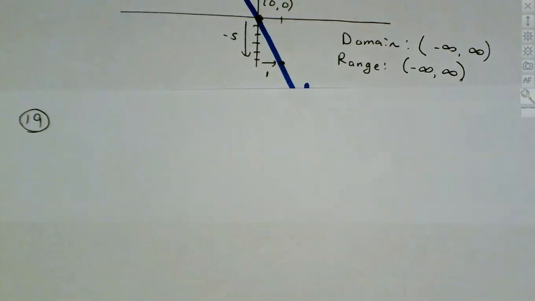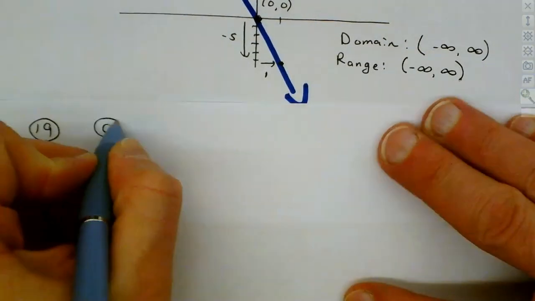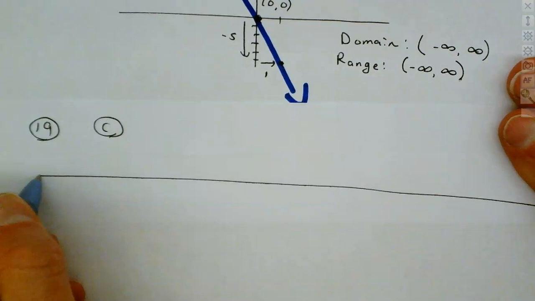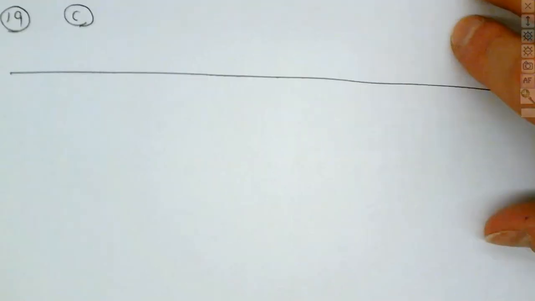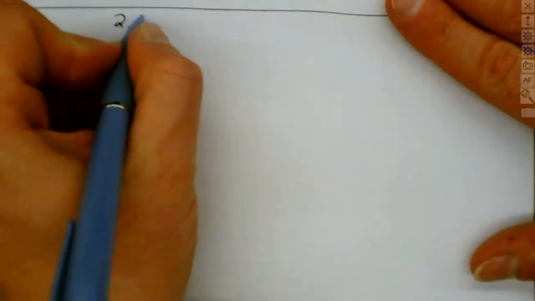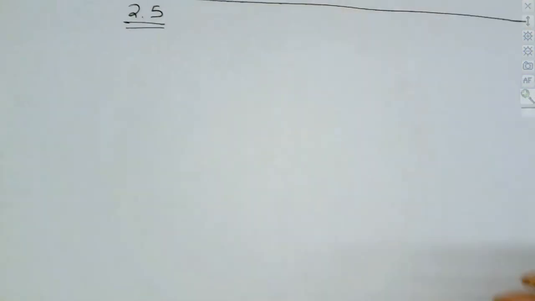Let's now go ahead and start 2.5. So we're going to now begin 2.5, so you all should have that homework packet. 2.5 is all about finding equations of lines.